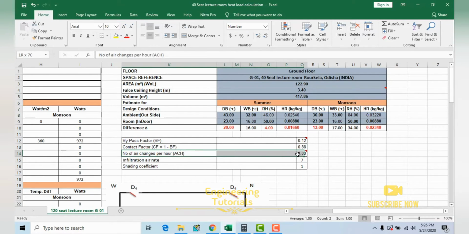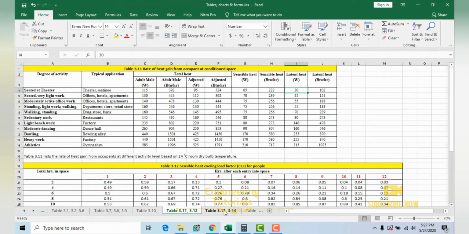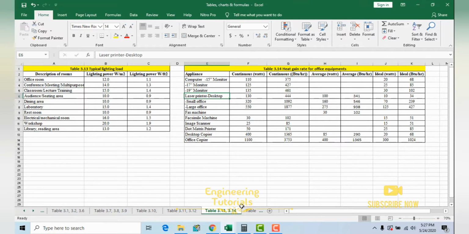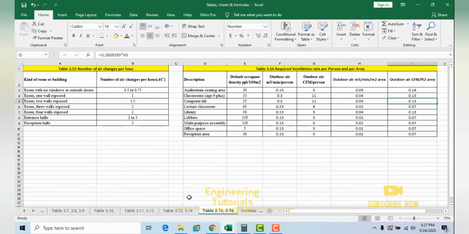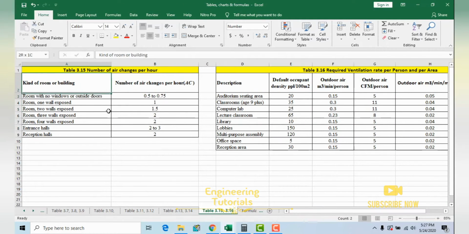Number of air changes per hour is 1. So how did we get this number of air changes per hour, that is 1? Go back to our tables and charts. As you can see, this is the number of air changes per hour for the kind of room or building. A room with no windows or outside doors is 0.5 to 0.75.